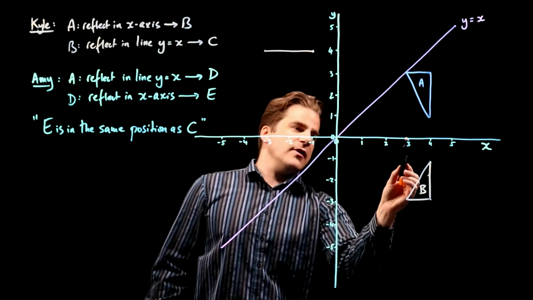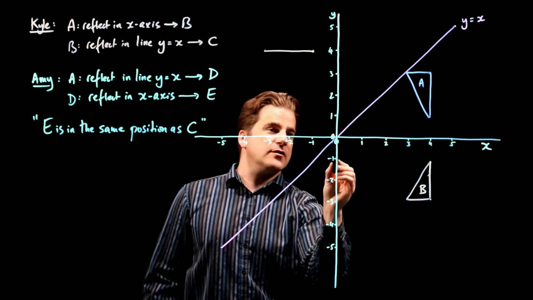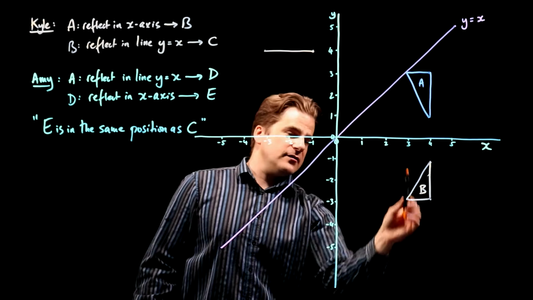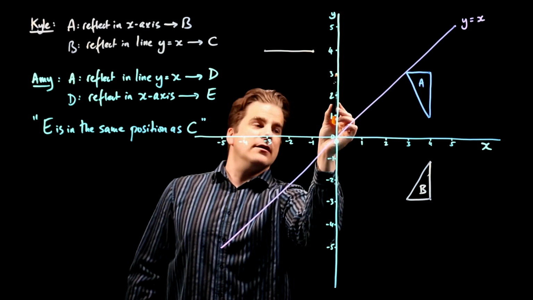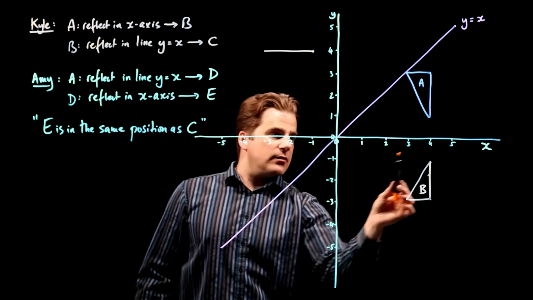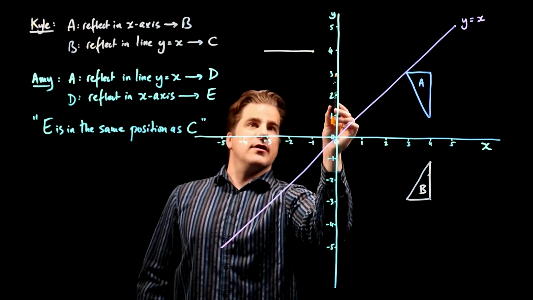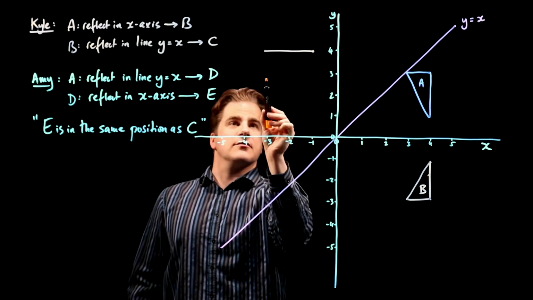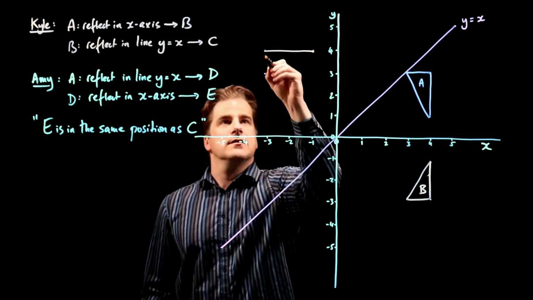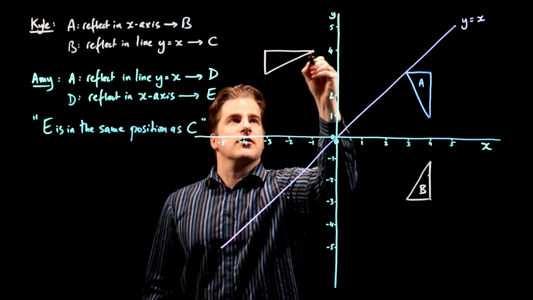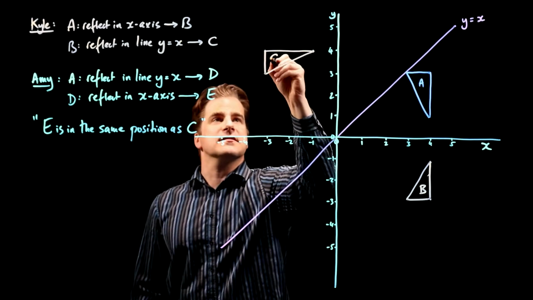It's going along 3 on the axis closest to the y equals x line here. So it's going to go along 3 there. And then it just goes 3 away from the axis. So along 3 and then 3. I'm talking about that point, aren't I? Yeah, 3 away from the axis. So it's going to go to there. So clearly our triangle must look like that. So that's triangle C.